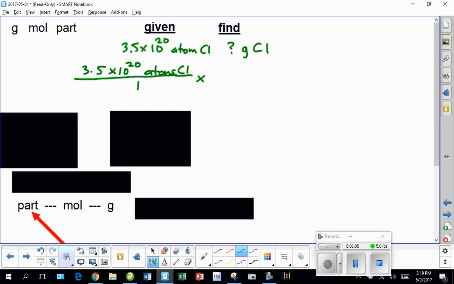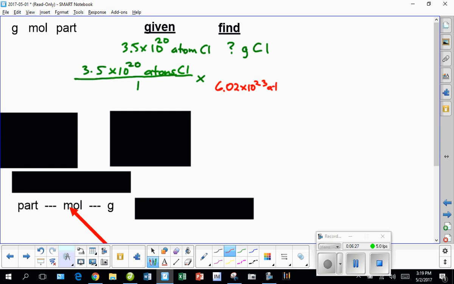Now we've got to use the Avo number because we are in Avo territory right here. Particles are Avo territory. And so the next thing I have to do is atoms on the bottom, and that is the Avo number, 6.02 times 10 to the 23rd.